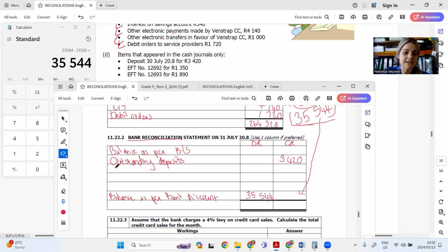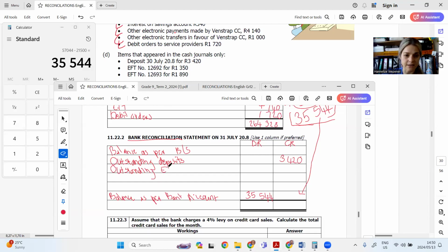All of the outstanding EFTs will have a negative effect on my bank statement balance, because remember, EFTs are those things that we have to pay to other people. In other words, it will debit the bank statement balance, because in my books, it will result in a credit in the bank account in the ledger.